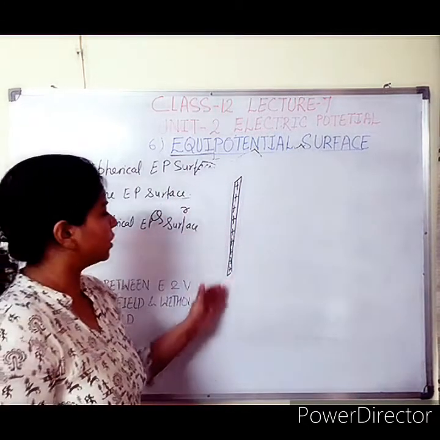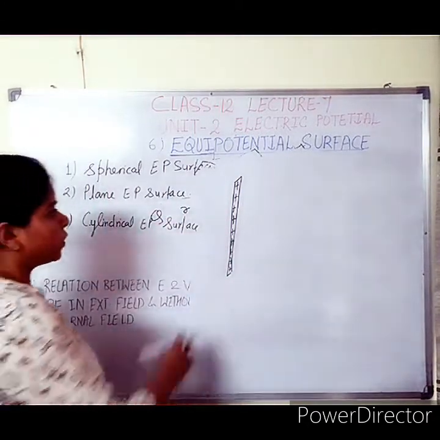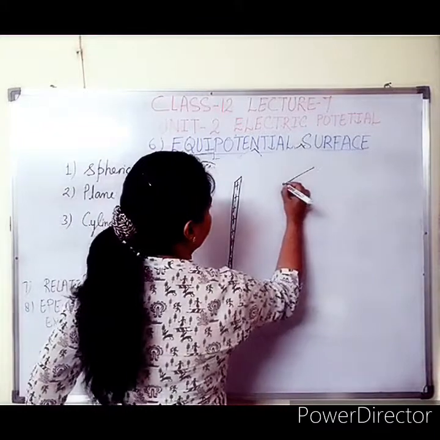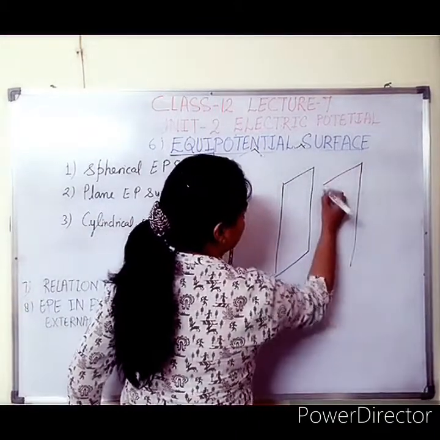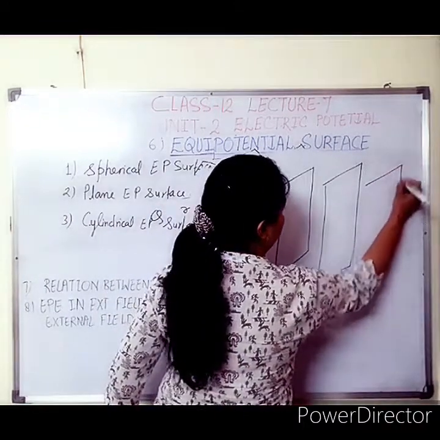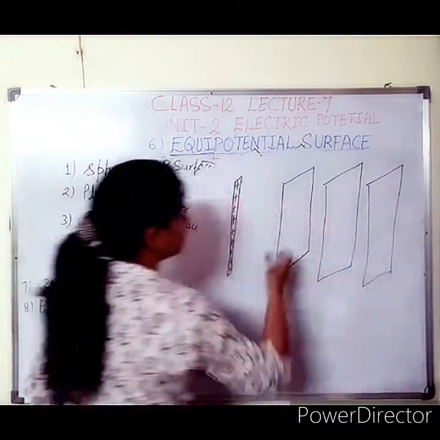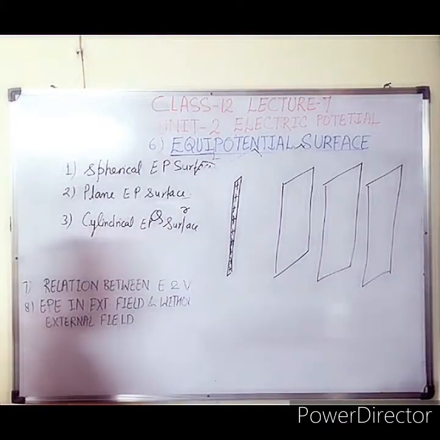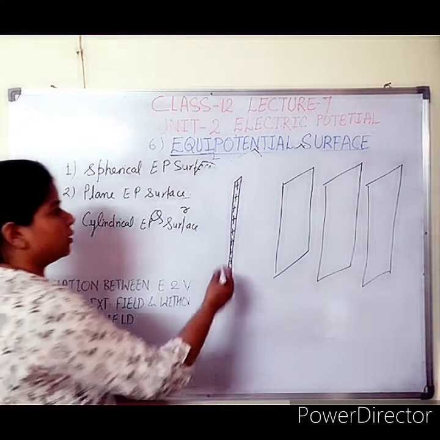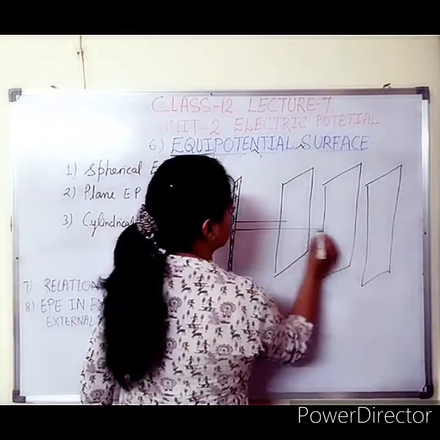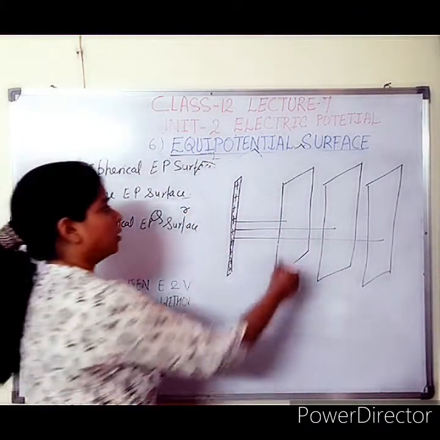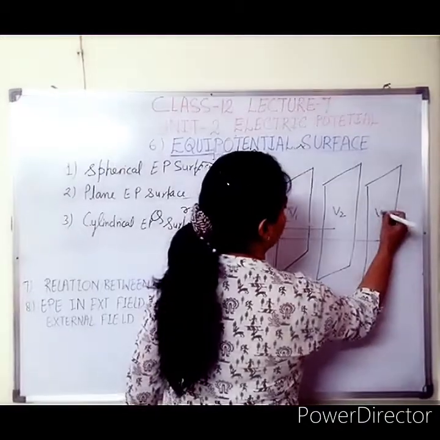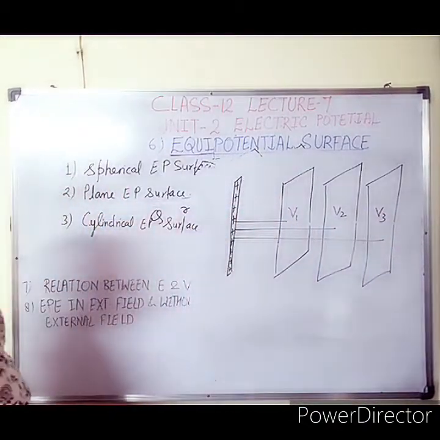So here I have taken the case of line charge. For this line charge, we will get plane equipotential surface family. These are parallel to each other. So this one is plane equipotential surface. You can find out that the farther the equipotential surface, the lesser the potential. V1, V2, V3. So V3 is least and V1 is maximum.